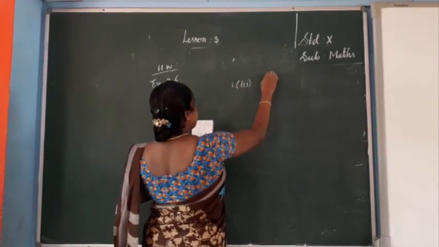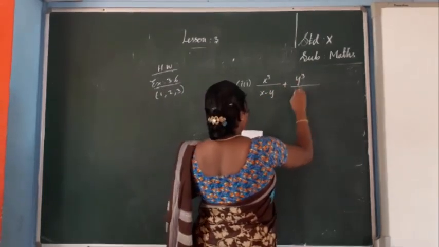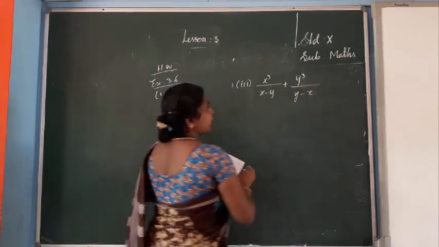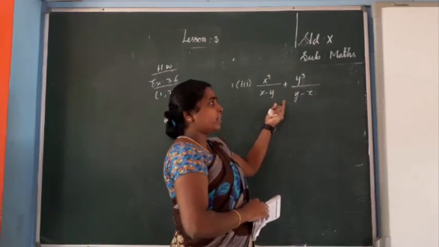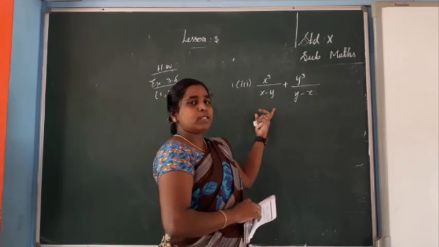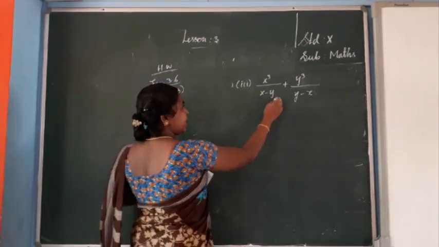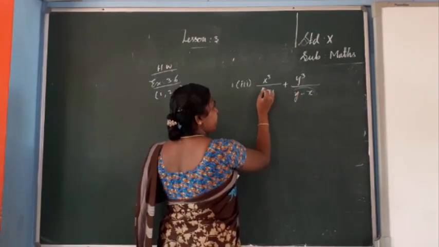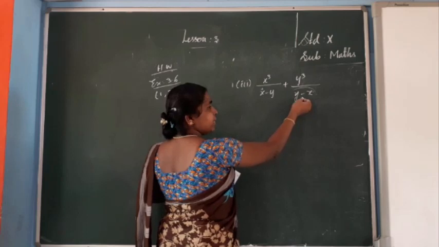So the question is x cube by x minus y plus y cube by y minus x, okay. So you see x minus y and y minus x. When you first see it, you think both are different, so you have to take the LCM. But actually there is no need to take the LCM here. Just see, here x is positive, there x is negative; here y is negative, there y is positive.